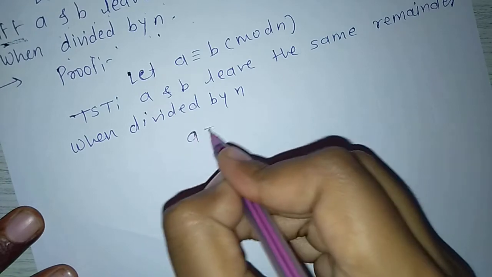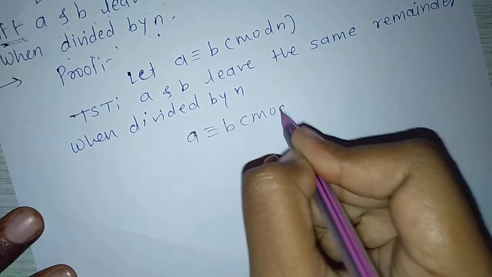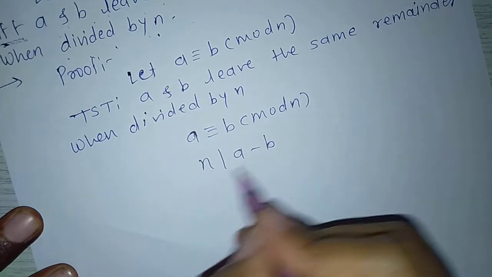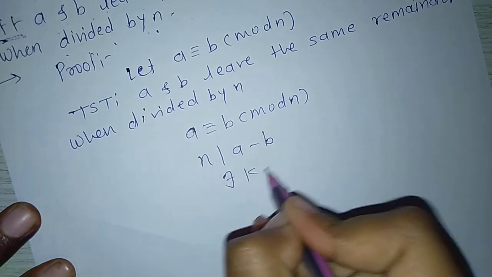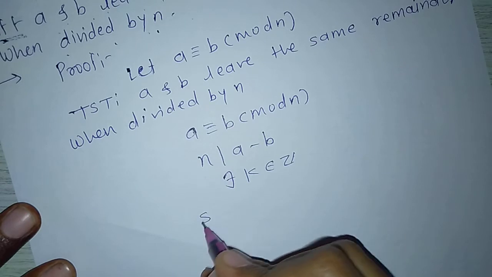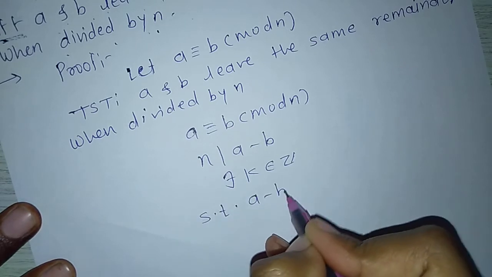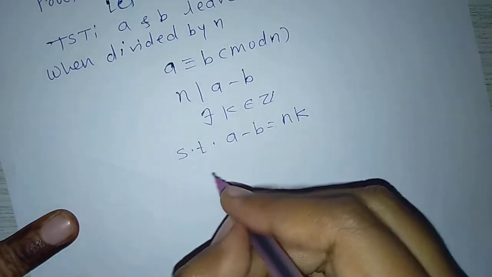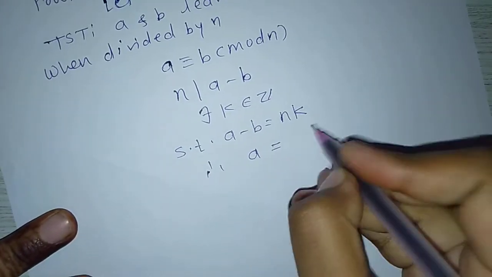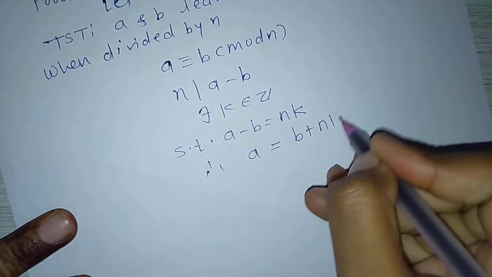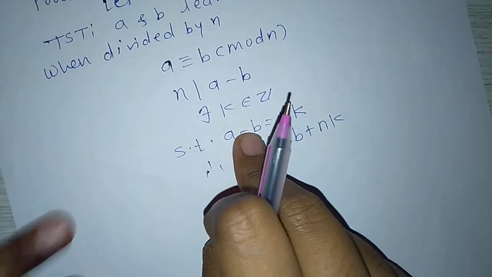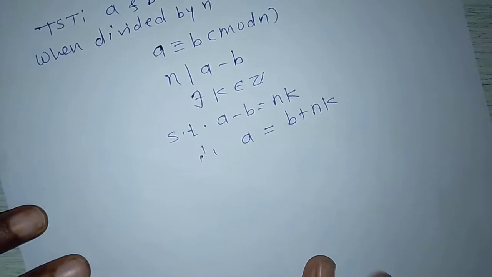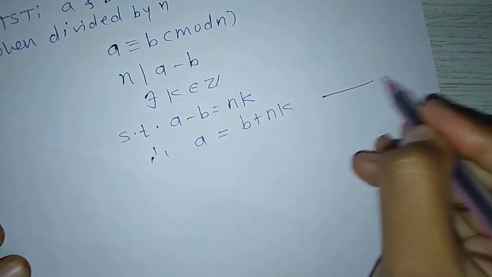We have a is congruent to b modulo n, means n divides a minus b. n divides a minus b means there exists an integer k such that a minus b equal to n into k. Therefore, a equal to b plus nk. Give as equation number 1.